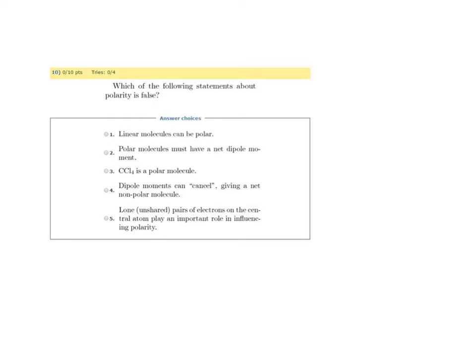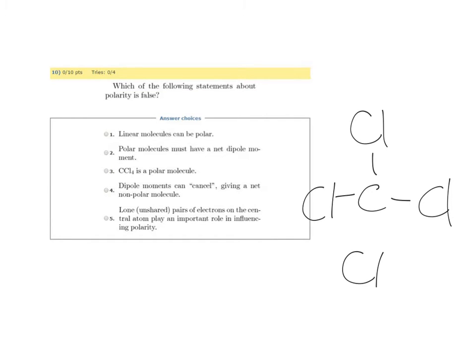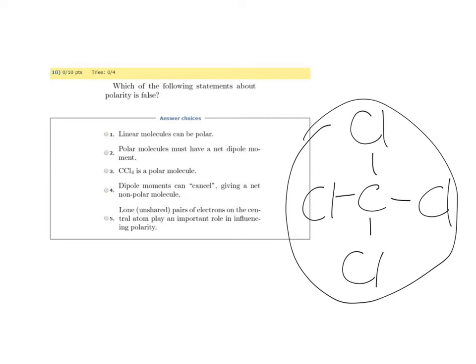CCl4 is a polar molecule. Well, without even doing the Lewis structure, we'd see that CCl4 should have some structure like this, which means that it is symmetrical, right? It's got chlorine on all 4 sides, and 3-dimensionally it would be the 4 corners of the pyramid.